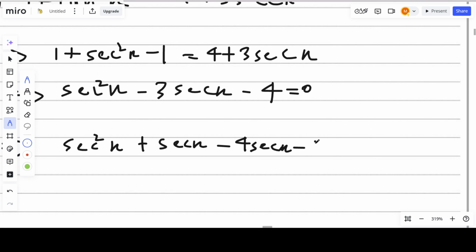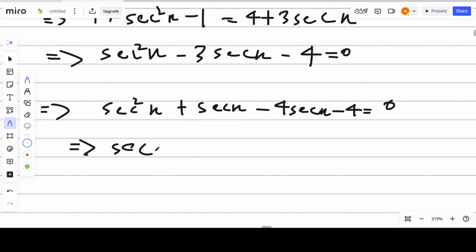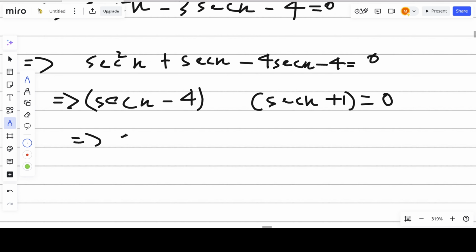So what we can do, we can take sec x common from there. If you take sec x common, what you will get, sec x plus 1, and from there you can take negative 4 common, so you get sec x plus 1 times sec x minus 4 equals 0. So either sec x equals to 4 or sec x equals to negative 1.